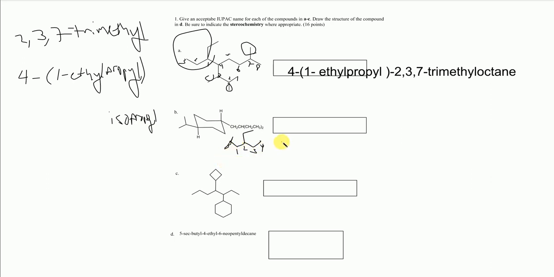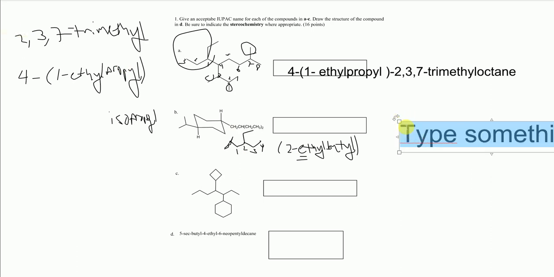And so this one over here is a 2 ethyl butyl, okay? So A, B, C, D, E, F, G, H, I, so E is before I. So I'm going to be naming this, right?